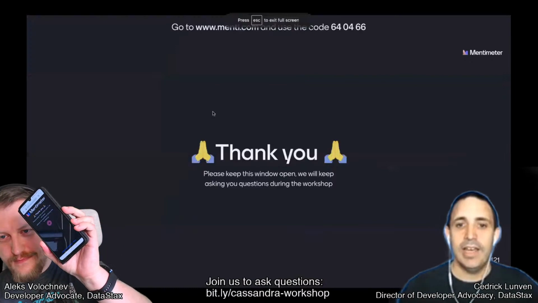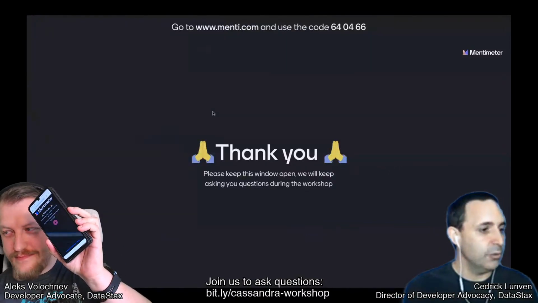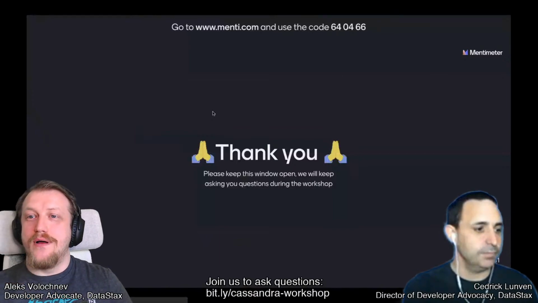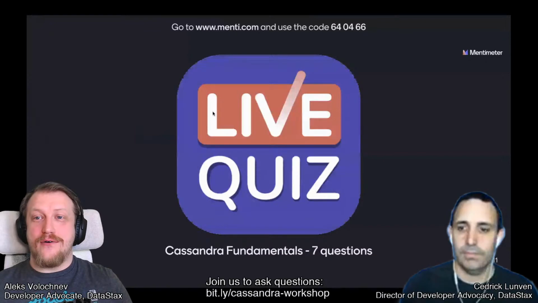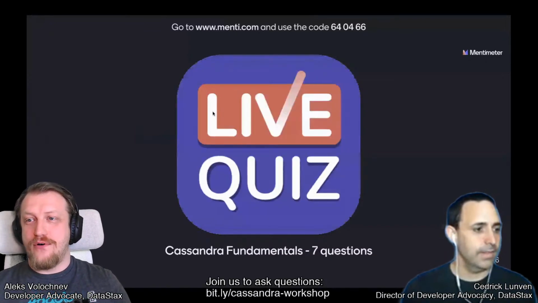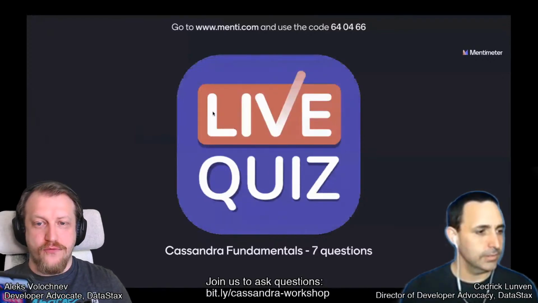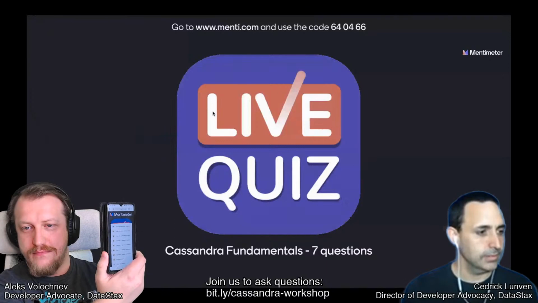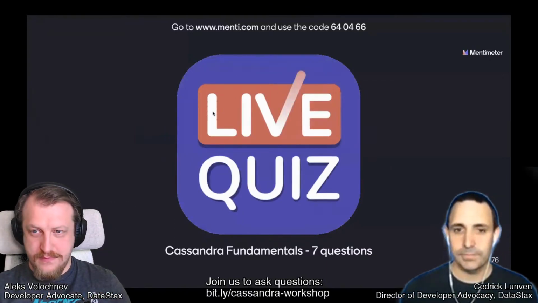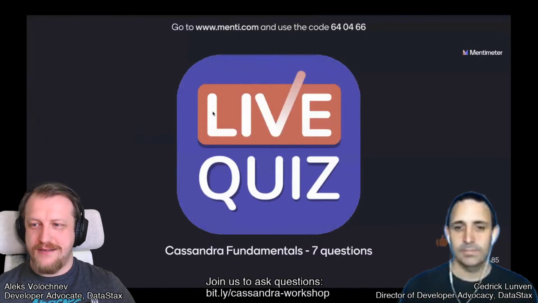I will move to the first slide of the quiz. Again, please answer our questions at menti.com using code 640466. Very easy to do with your mobile phone. And press thumbs up so we will know you're ready.